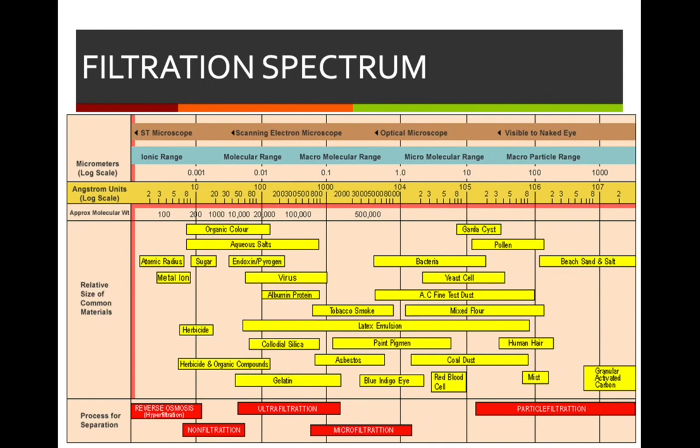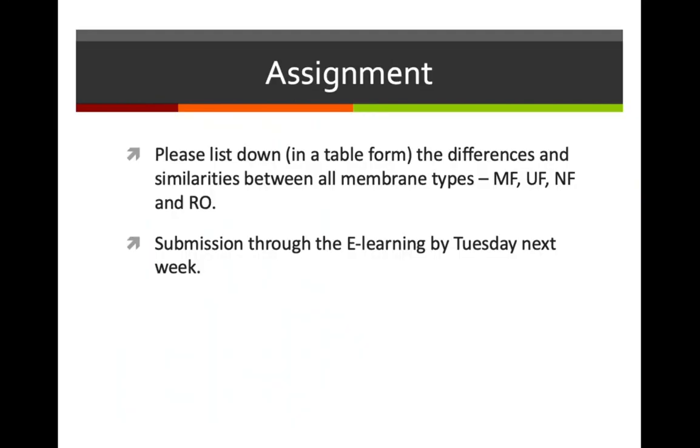Alright then, I would like to give you an assignment. Please list down in a table form the differences and similarities between all membrane types: MF, UF, NF, and also RO.